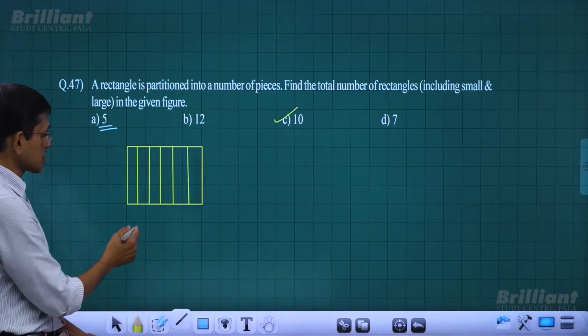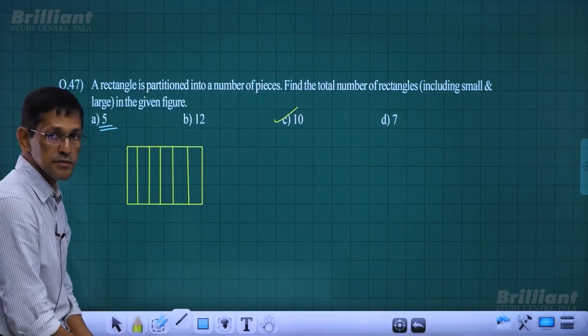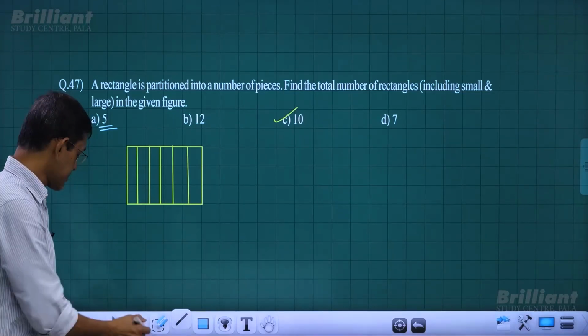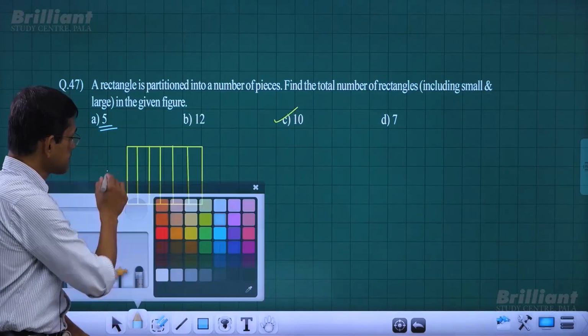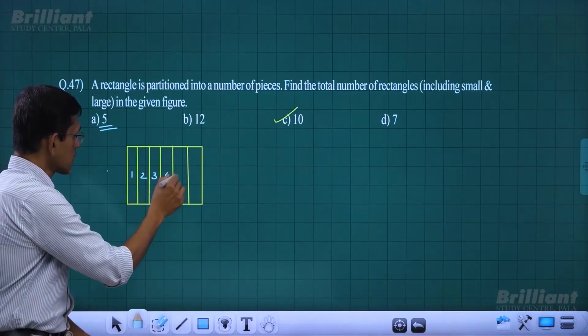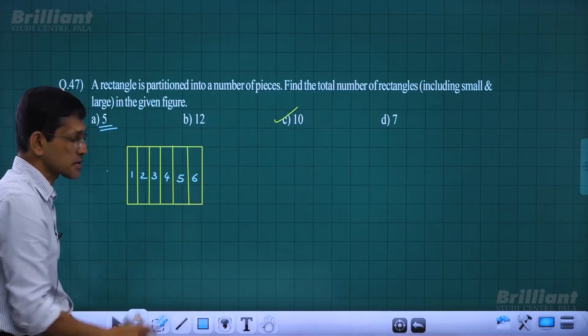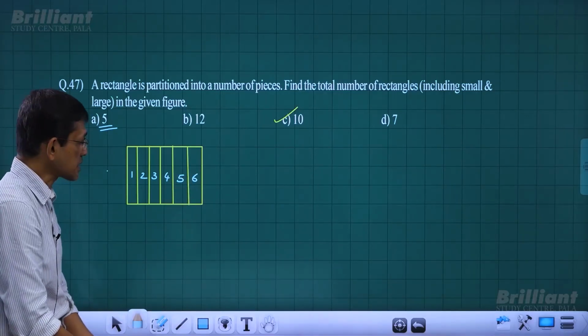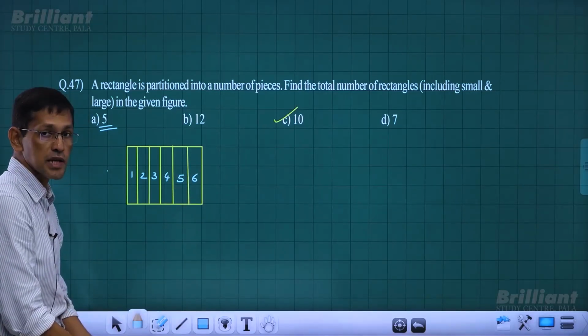So the question is, how many rectangles are there altogether? How many pieces are here? 1, 2, 3, 4, 5, 6 pieces. If it is 6 pieces, altogether how many rectangles?